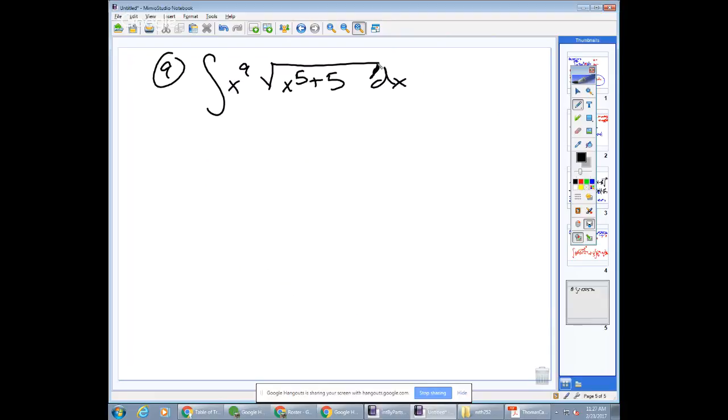And this reminds me of a polynomial times e to the x or a polynomial times sine of x. The book introduced the technique of making a table where your u's come down in one column and your dv's go down in another. Now, the problem with that is you have to differentiate your polynomial, your power, all the way down to 0.